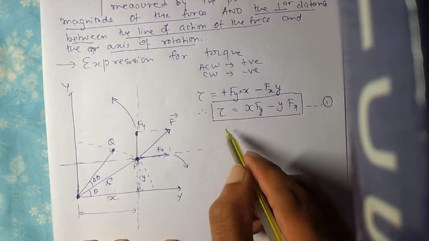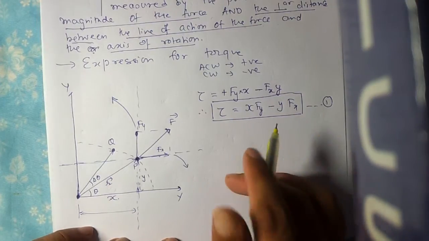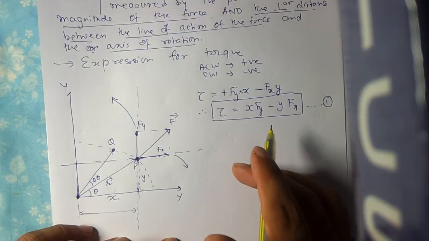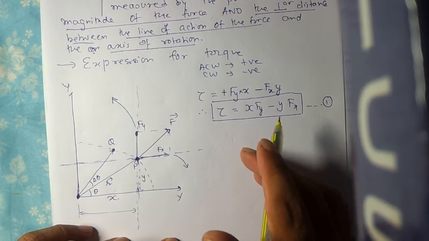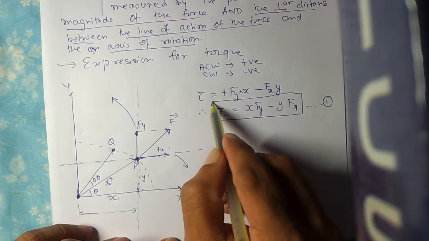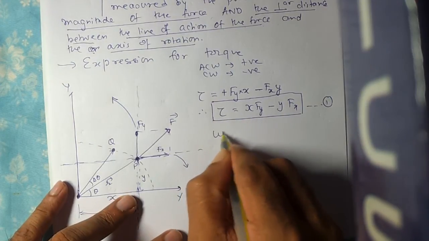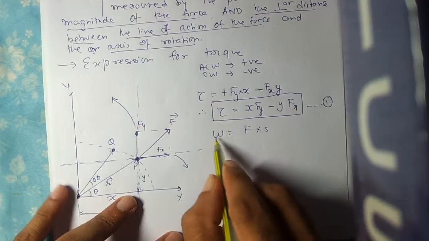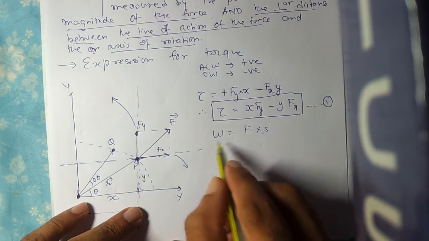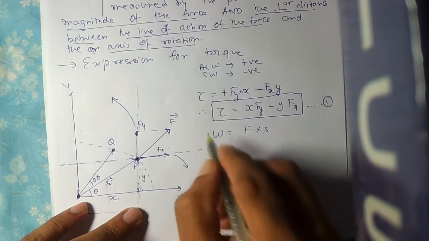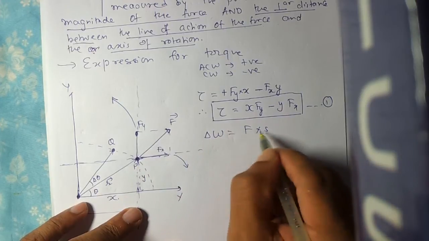Okay, one more small discussion we will have in this video, and then we'll discuss the expression for torque in the polar coordinate system in the next video. The other thing that I want to take up in this video is that work is force into displacement. In linear motion, work is force into displacement. So for a very small displacement, delta W is equal to F into s.